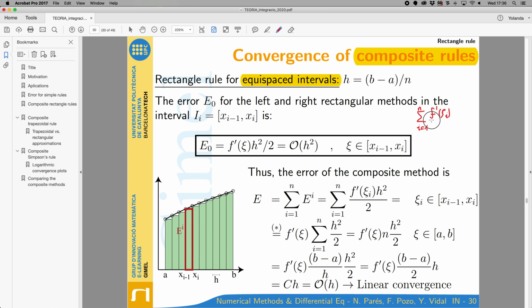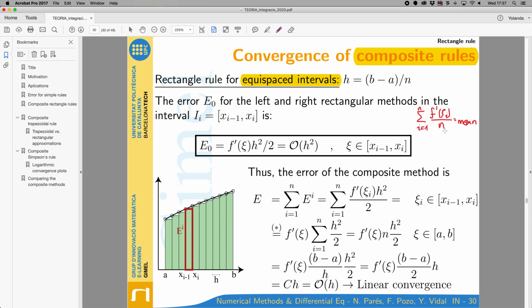So I will divide by the number of elements. If I want to compute the mean value of these data points, what I will normally do is sum all this and divide by n.